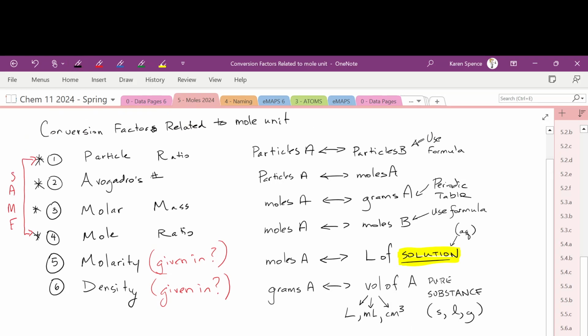Now, these are conversion factors, right? All of the 1, 2, 3, 4, 5, 6.